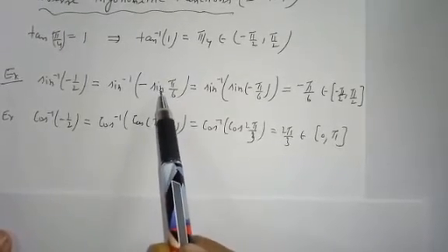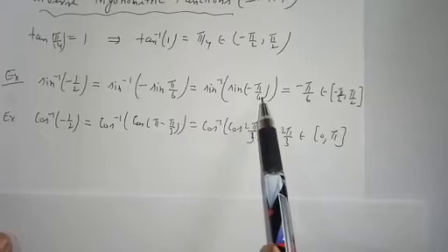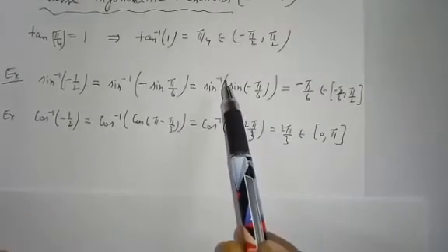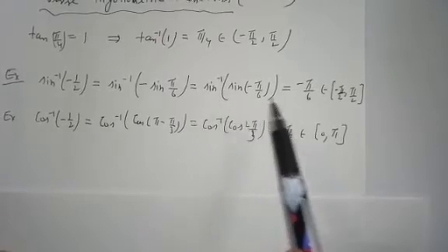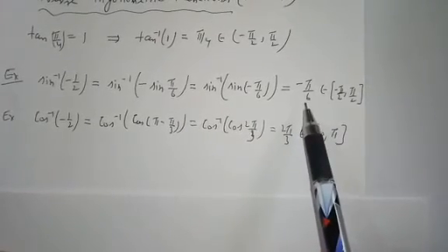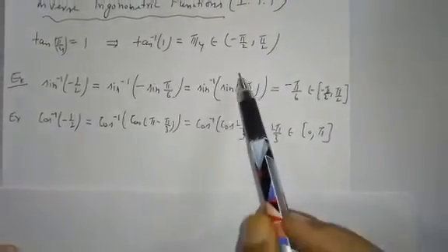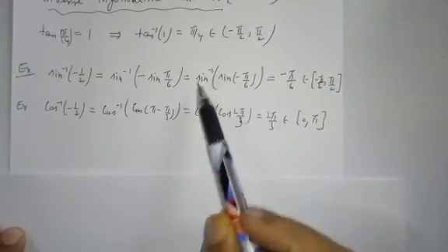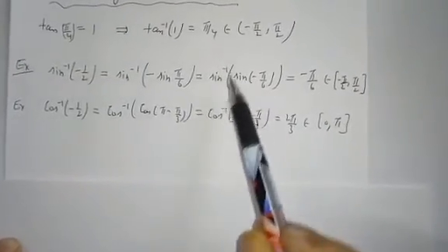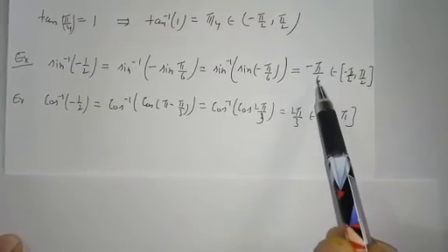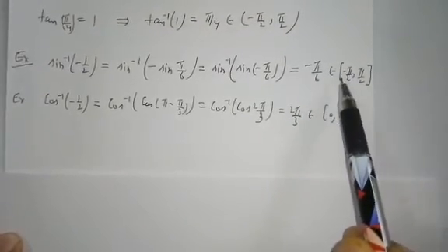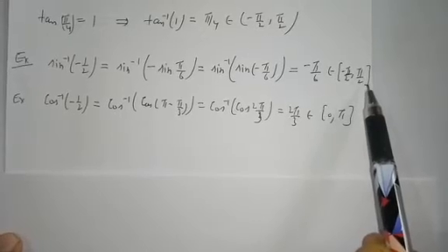So we rewrite it like this, sine of minus theta. Now sine inverse and sine cancel, and we have minus pi by 6. We also check that minus pi by 6 lies in the PVB, minus pi by 2 to pi by 2.